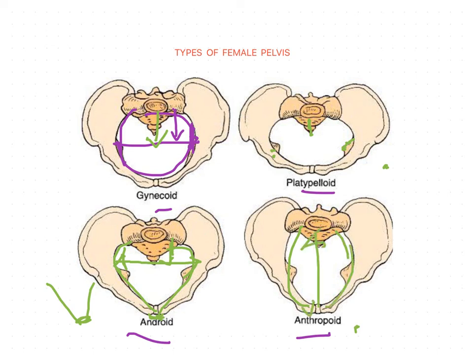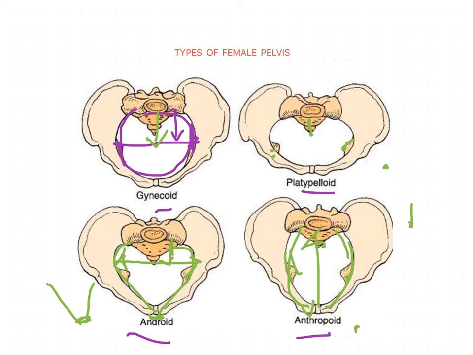It has straight walls, that means the ischial and greater sciatic notches are almost straight, and small sacrosciatic notches. The sciatic spines are widely apart. The sacrum is usually straight.